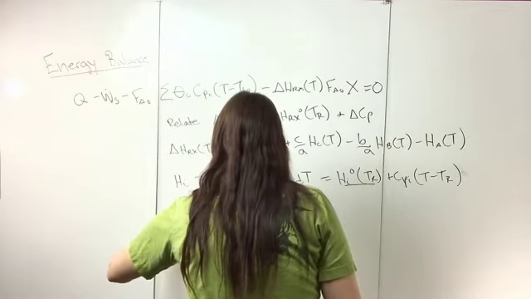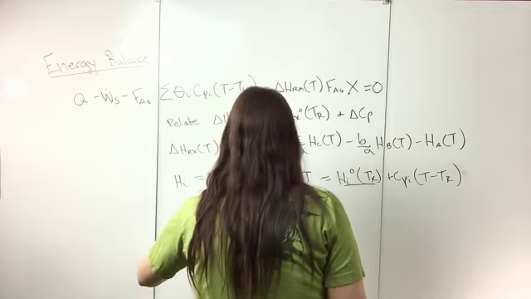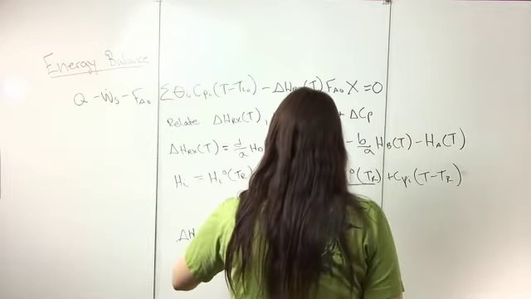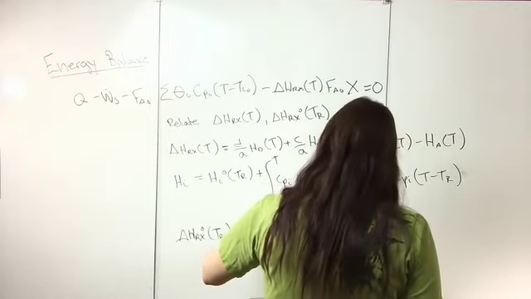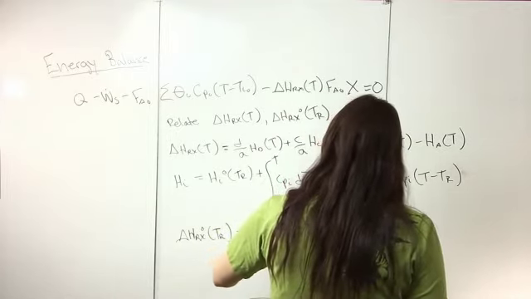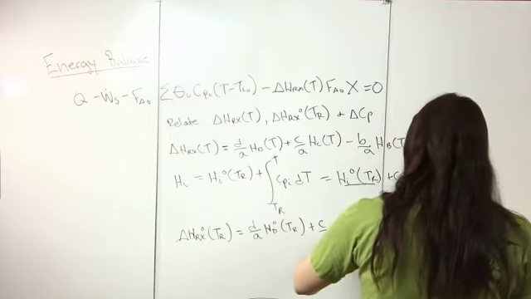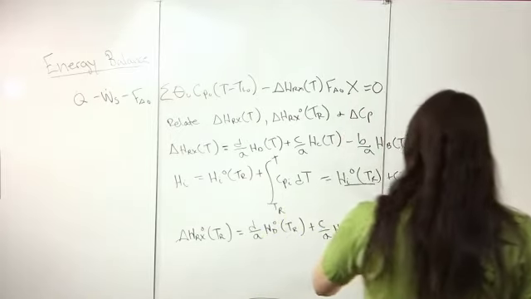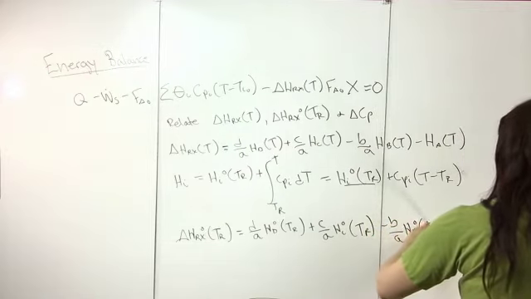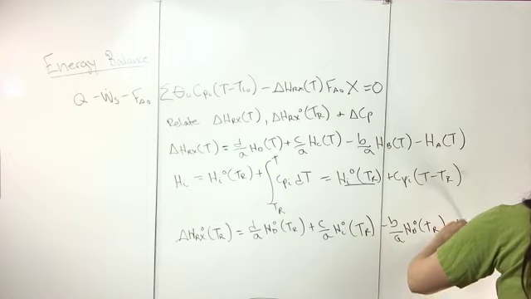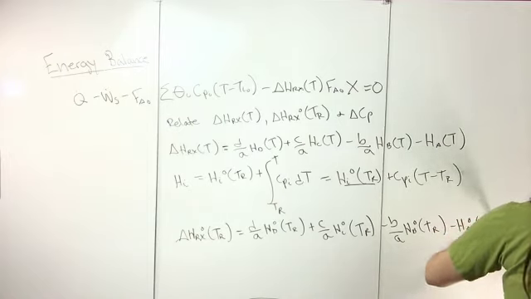We can say the heat of reaction at this reference temperature is equal to d over a H_D(TR) plus c over a H_C(TR) minus b over a H_B(TR) minus H_A(TR).